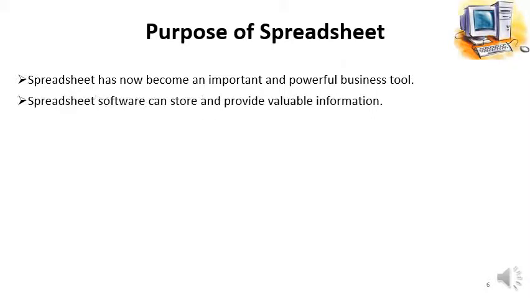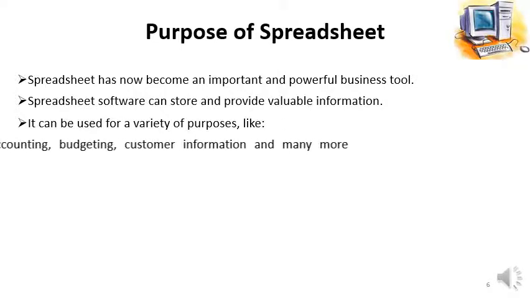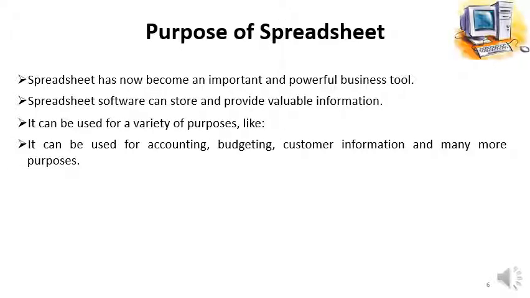Now, what is the purpose of a spreadsheet? Why do we use spreadsheets, and what are the useful aspects of using a spreadsheet? A spreadsheet has now become an important and powerful business tool. Spreadsheet software can store and provide valuable information. It can be used for a variety of purposes, like accounting, budgeting, customer information and many more.